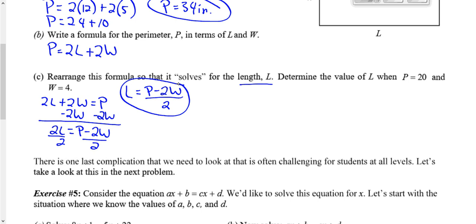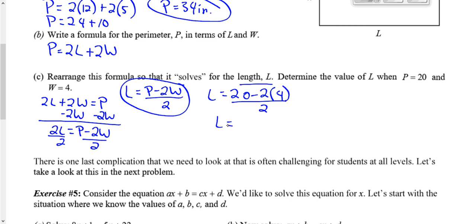So let's plug in. Determine the value of L when P is 20. So we just plug into this thing, right? So L equals, what do I write? 20 minus what? Minus 2 times 4, 2 W's, right? All over 2.